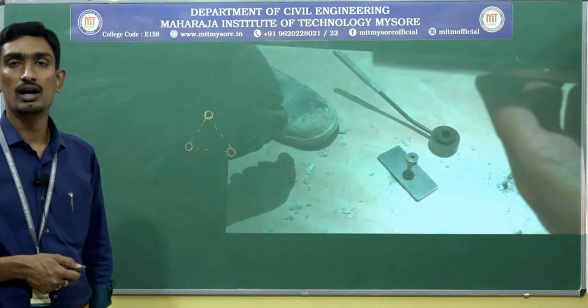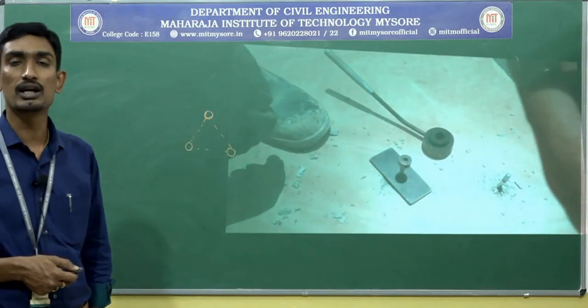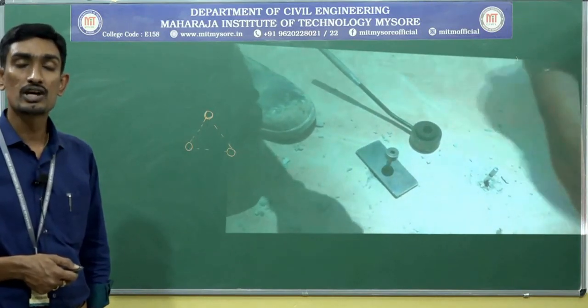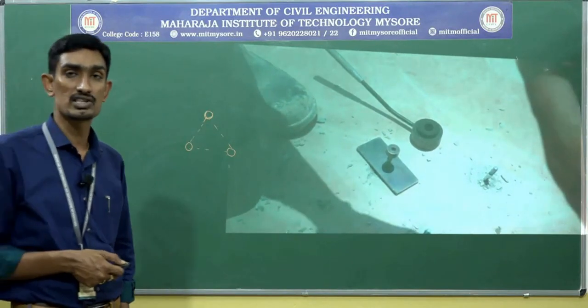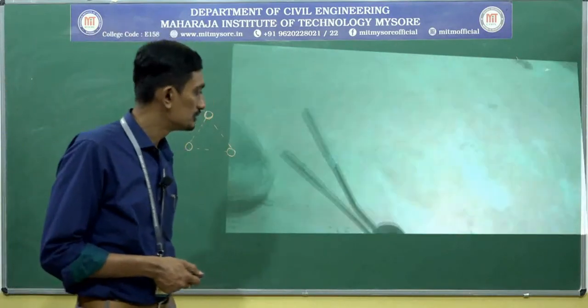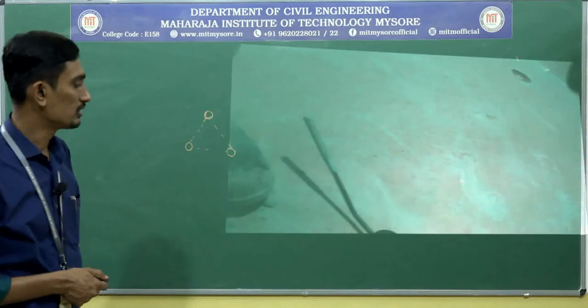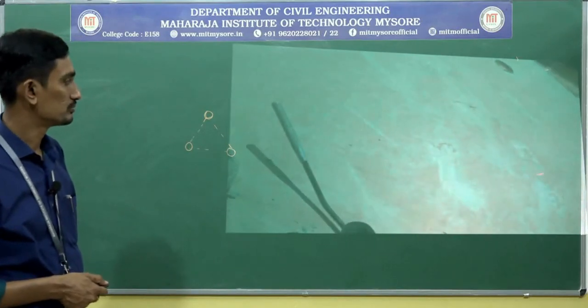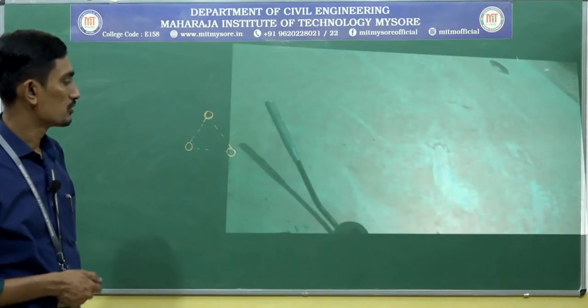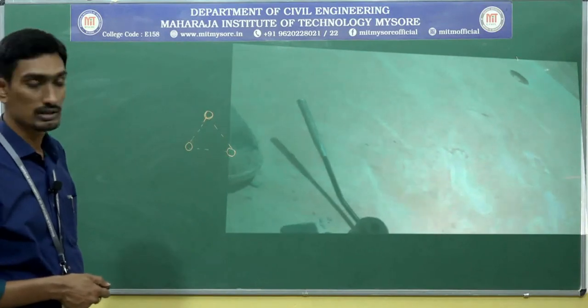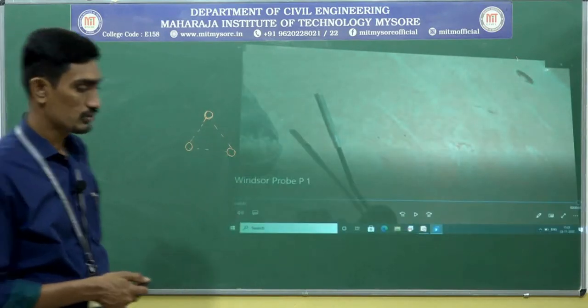Like that we are going to perform this particular test, the Windsor probe test or penetration resistance test. You can see the third one is also going to be measured. Like that you will be measuring all the corners.